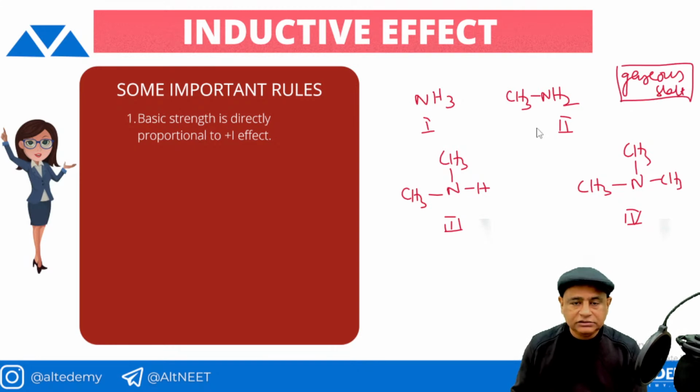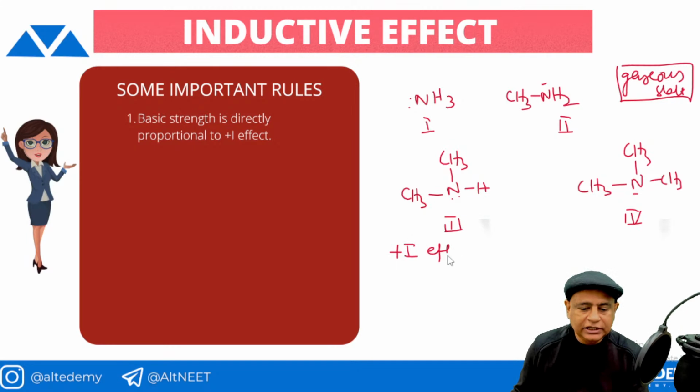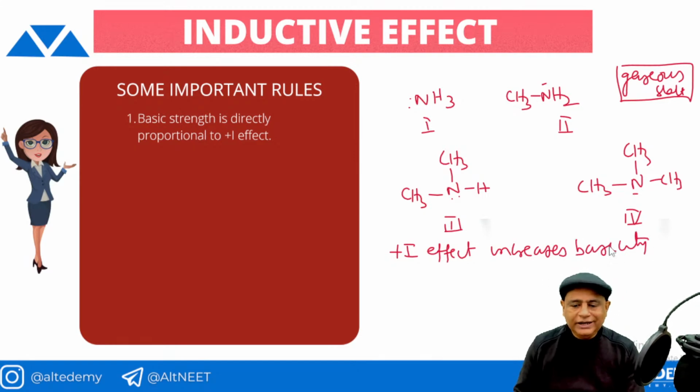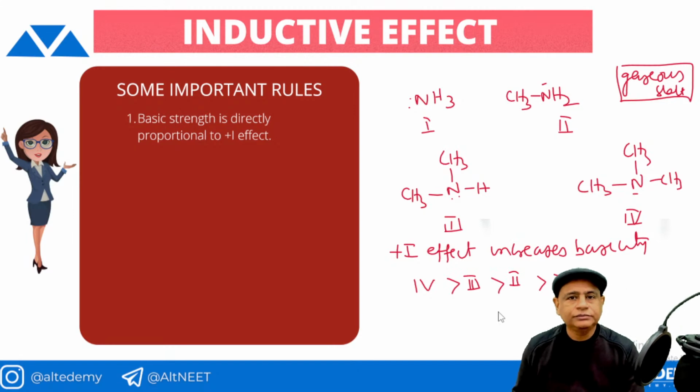If we change the state, things are changing. Now, if all of them are in gaseous state and you are being asked what will be the order of basic strength of these compounds, you know that plus I effect increases basicity. It is easy to understand that 4 is experiencing the maximum positive inductive effect, followed by 3, followed by 2, and then followed by 1.